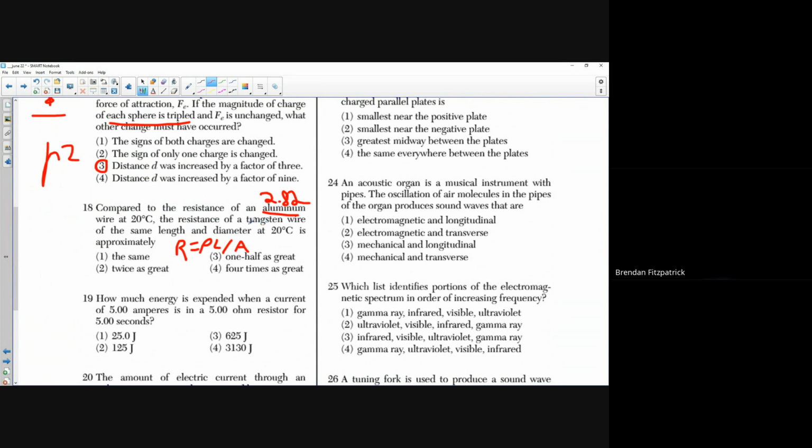And then for tungsten, it's 5.6 times 10 to the minus 8. Tungsten has double the resistivity, so the resistance of the tungsten wire is approximately twice as great, because there's a direct proportion there.